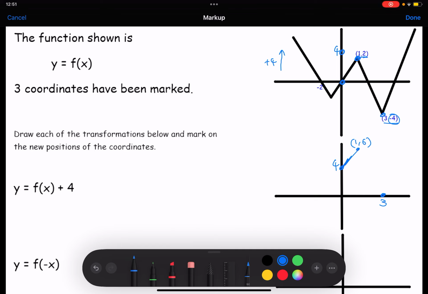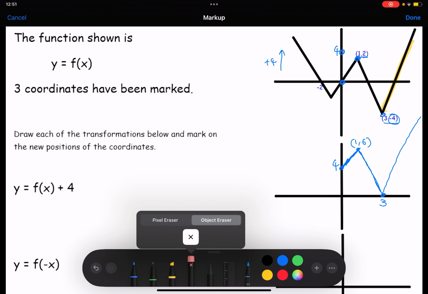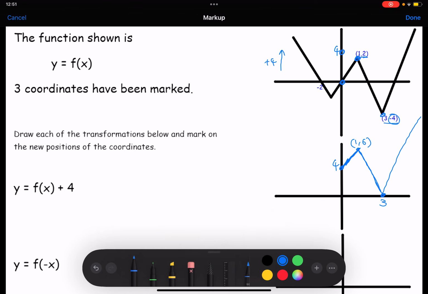So this part of the graph will look like that. This is this part of the graph just moved up 4 squares. This will be up here like this. Again, it's just moved up 4 squares. The turning point, I don't know this coordinate here, but I'll just stop there roughly.